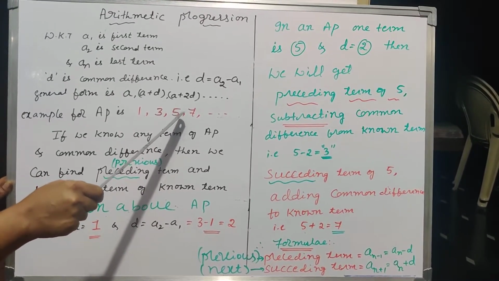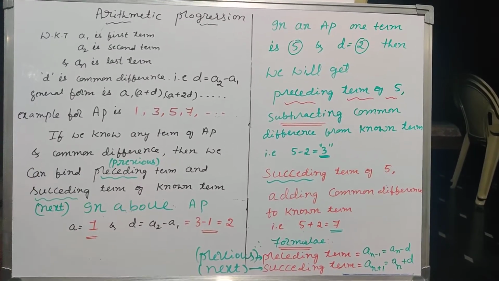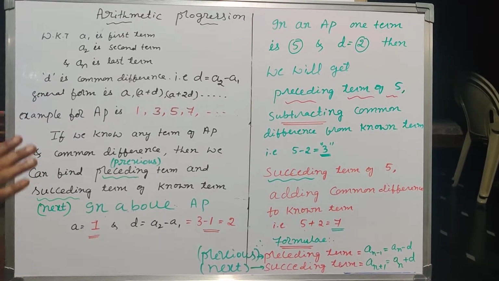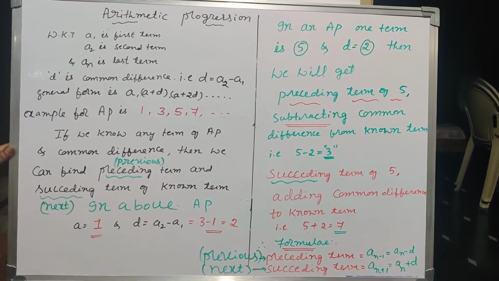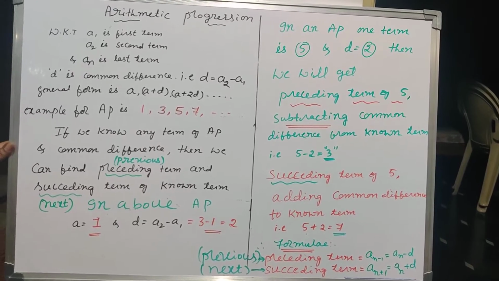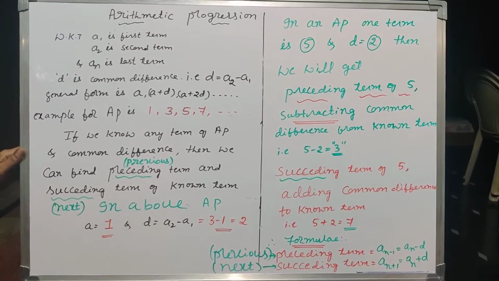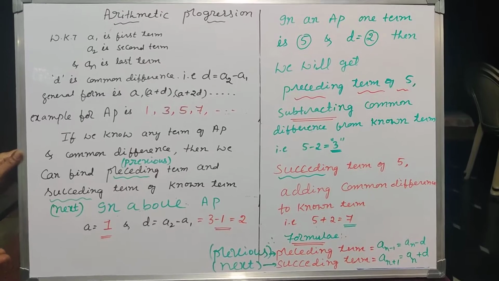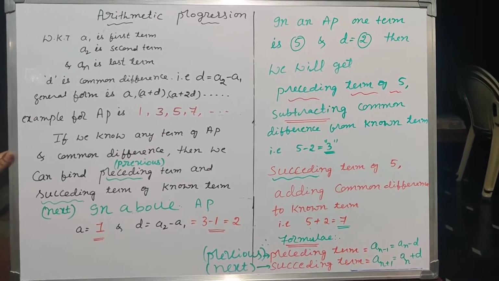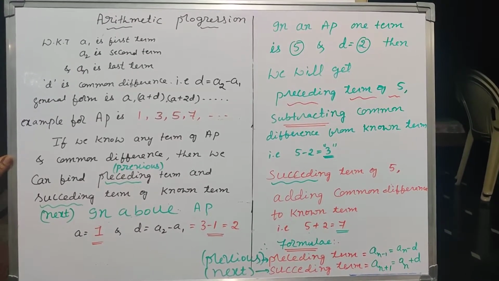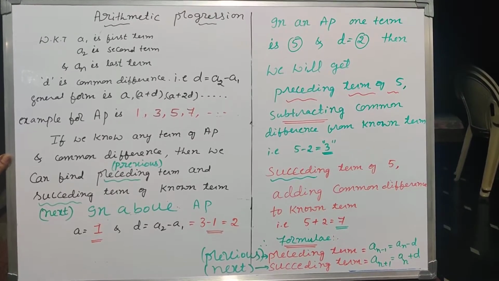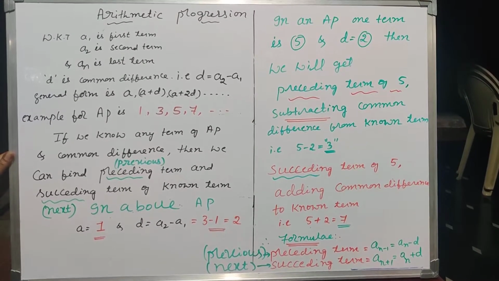Therefore, 5 plus 2 is equal to 7. Like this, to get the preceding term of any one term, we subtract the common difference from the given term, and if you want the succeeding term, that is the next term, we add the common difference to the given term.